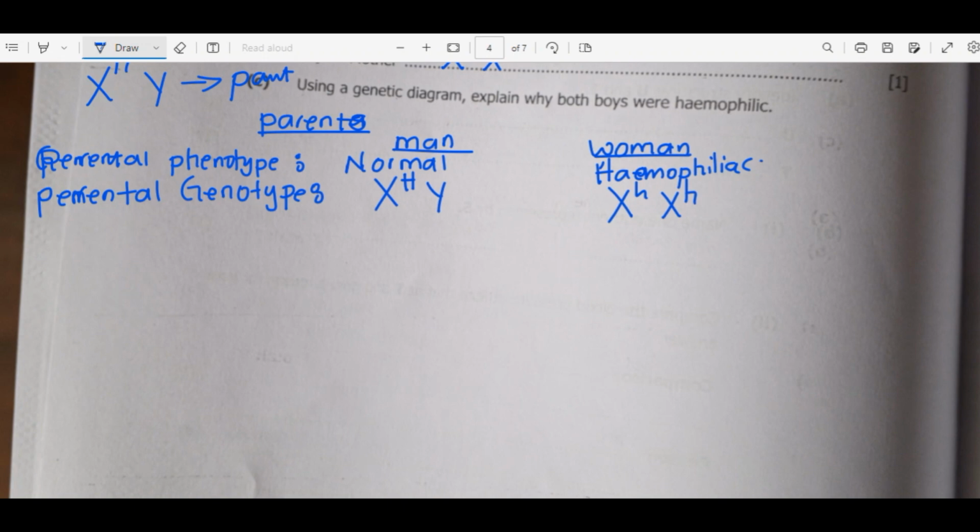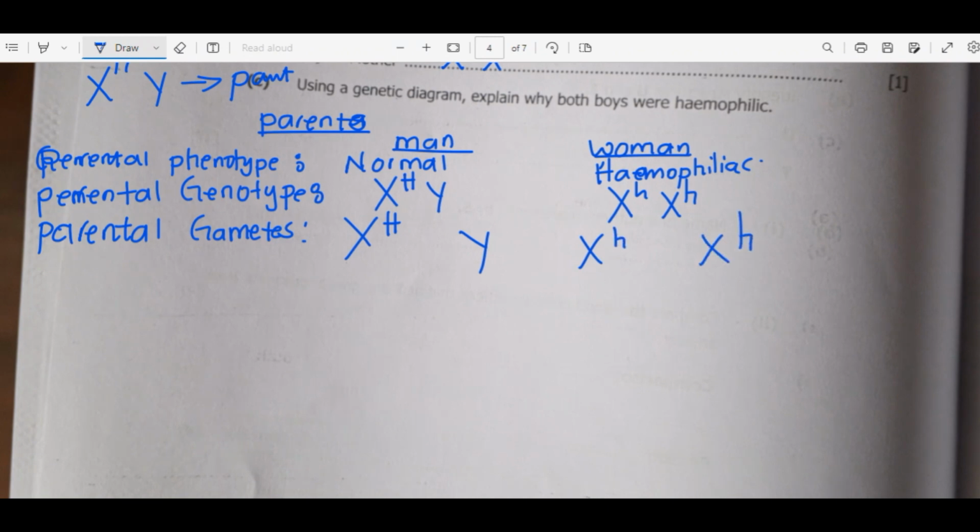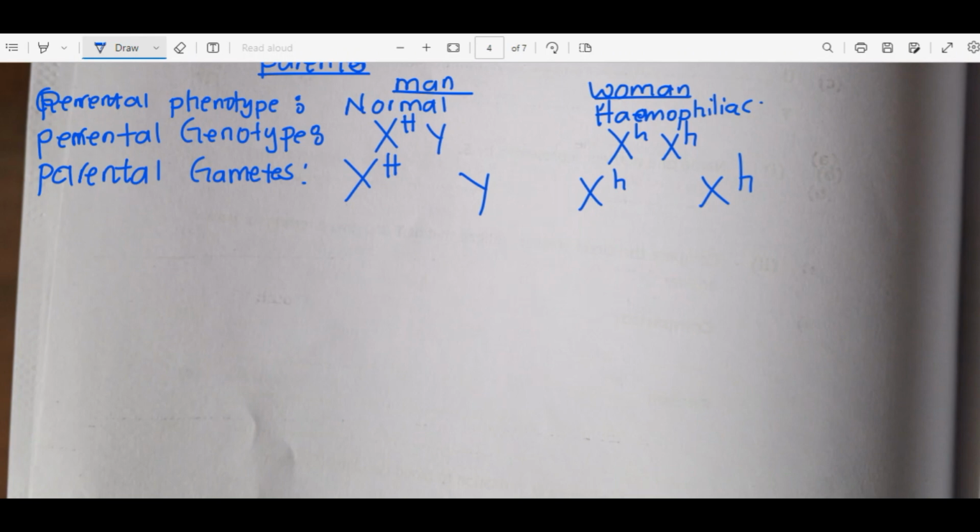Then after that, we need to look at the parental gametes. For parental gametes, we just have to split. So we have XH, Y, Xh, Xh. From there, we can now do random fertilization.